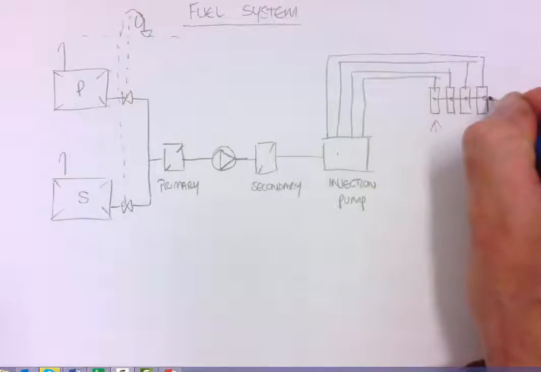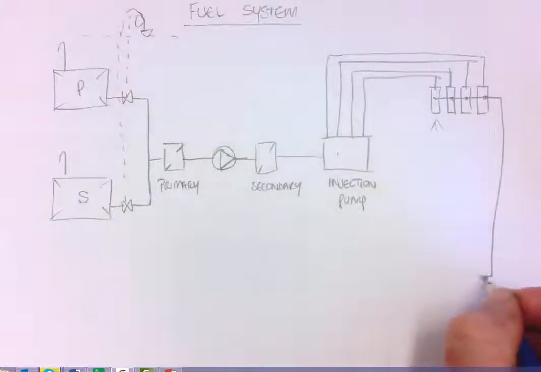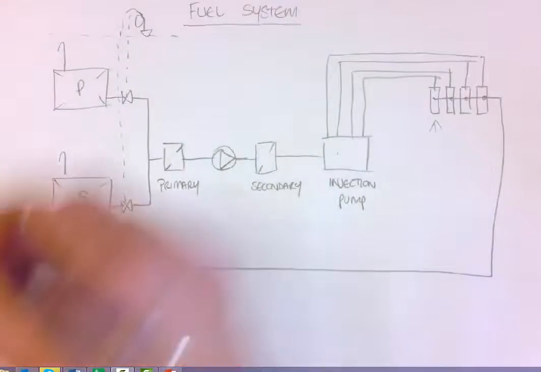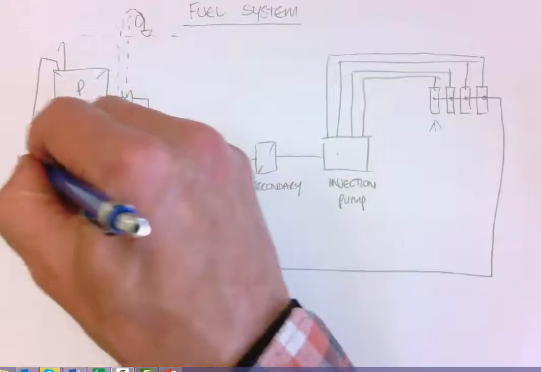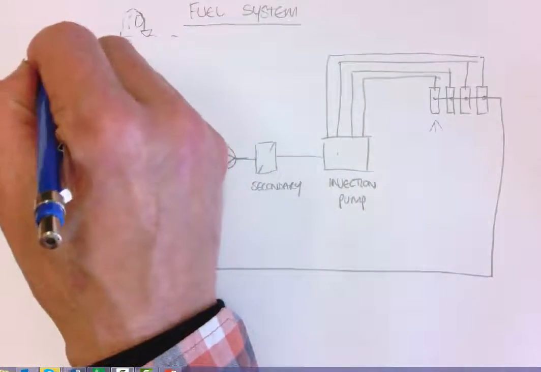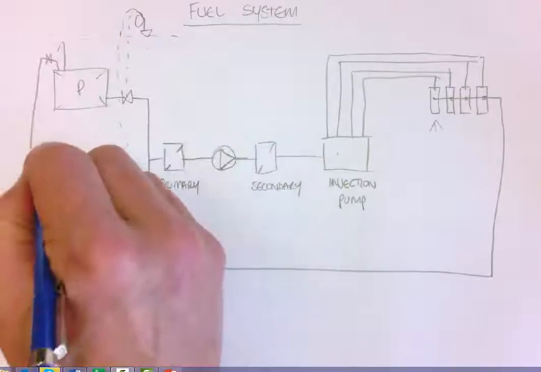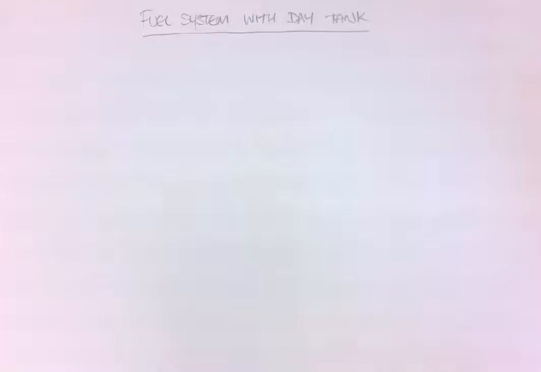And so here is my return, and my return is going to come back to both of my tanks, and some vessels will have a return isolation valve on those, but it's not necessary.